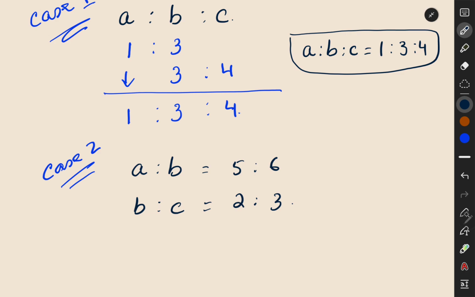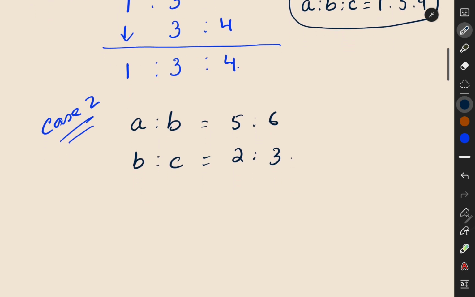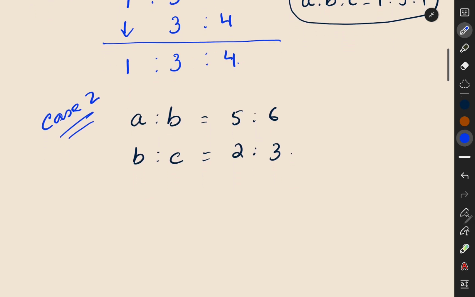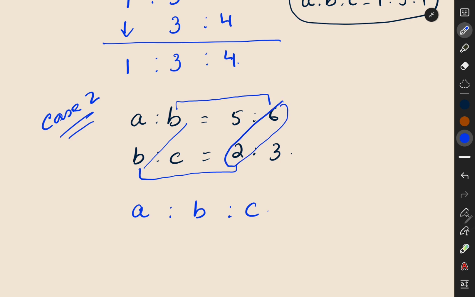To find the continued ratio in this case, we write A, B and C. Now you see the elements B are common here, same elements, but their values are different. That is, this B has value 6, whereas this B has value 2. Both the values are different.